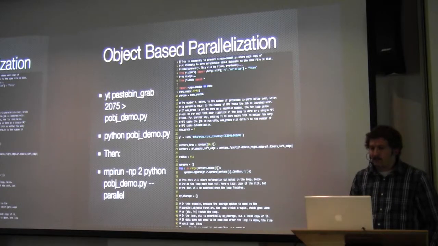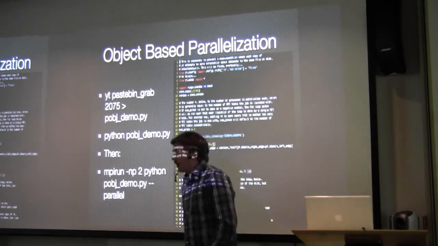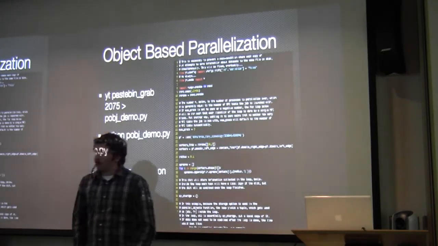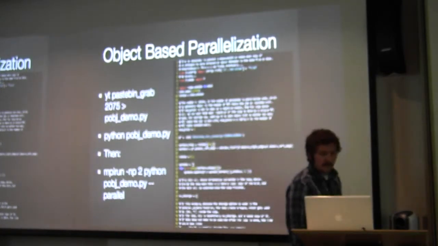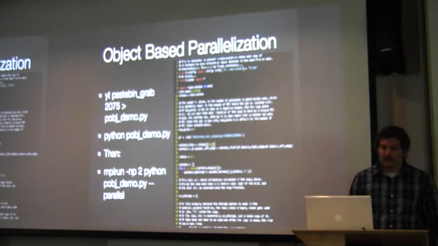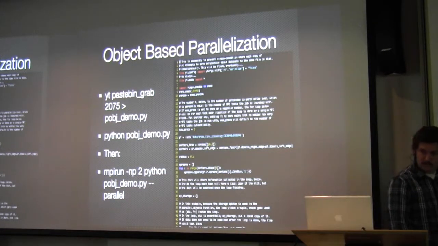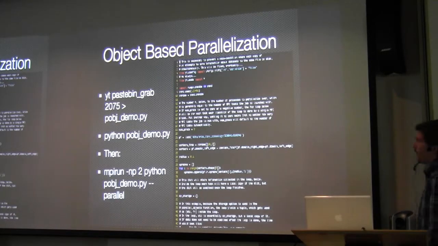We're going to talk a little bit about object-based parallelization. That's where you have many data objects and you want to do the same thing to them. This one is a much more involved script, but it's still fairly simple to go through. So you want to grab 2075. What this script is going to do is take your data set, create 10 spheres centered at random locations in your data set.